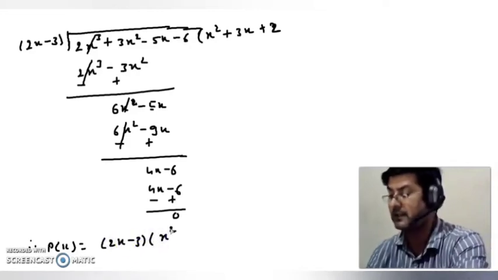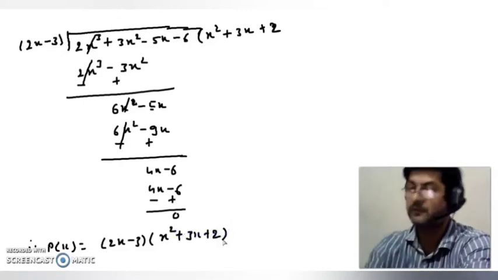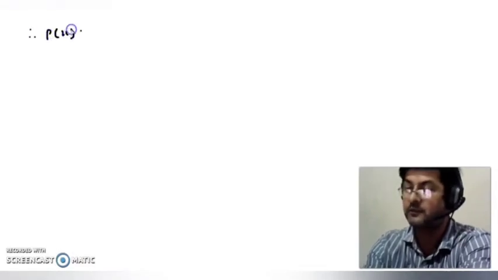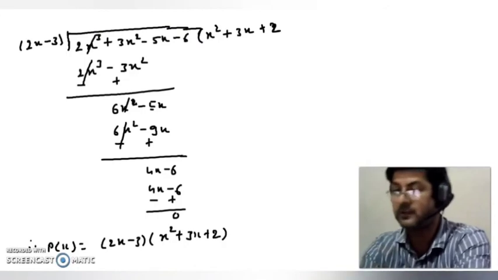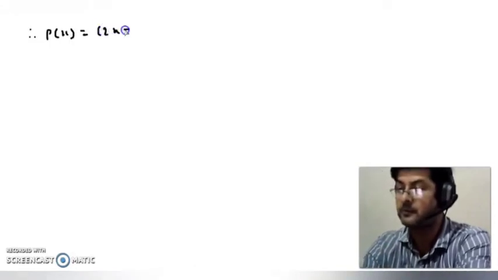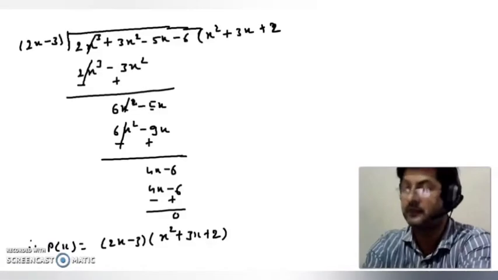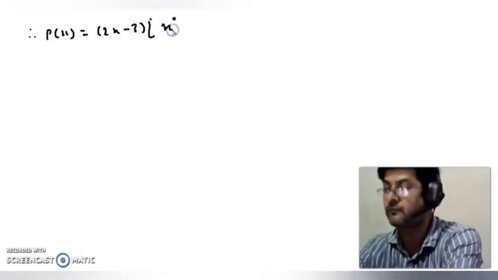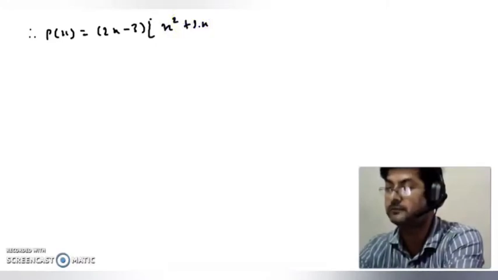Quotient is a quadratic expression, x square plus 3x plus 2. Now we can factorize this quadratic expression. Therefore p of x is equal to 2x minus 3 into, 2 ones are 2, x square plus 2x plus x.